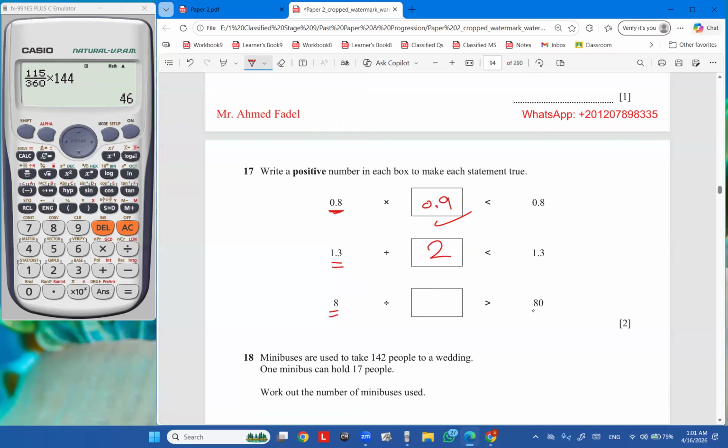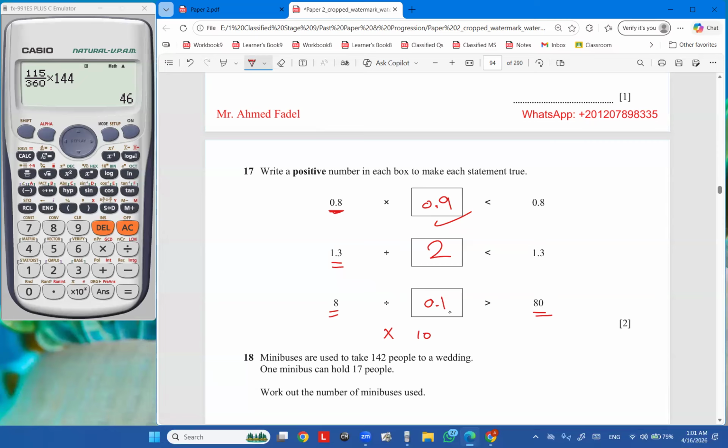But here they're not just saying greater than 8. We know that dividing by 0.1 is the same as multiplying by 10. So 8 divided by 0.1 is going to give you 80 exactly. But we want something that is greater than 80.